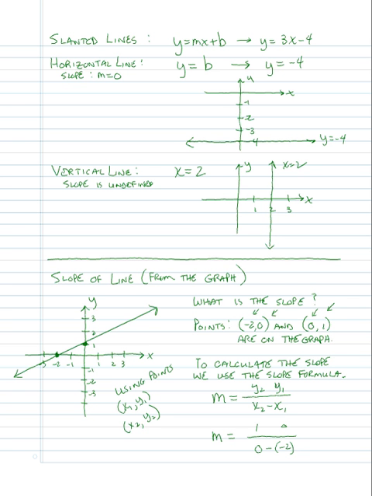So it looks like 0 subtract negative 2. Well, of course, 1 subtract 0 is 1, and 0 subtract negative 2 is the same thing as 0 plus 2, or just 2. So the slope of this line is 1/2. And of course, we expected it to be positive, and since it's not real steep, 1/2 slope is reasonable.